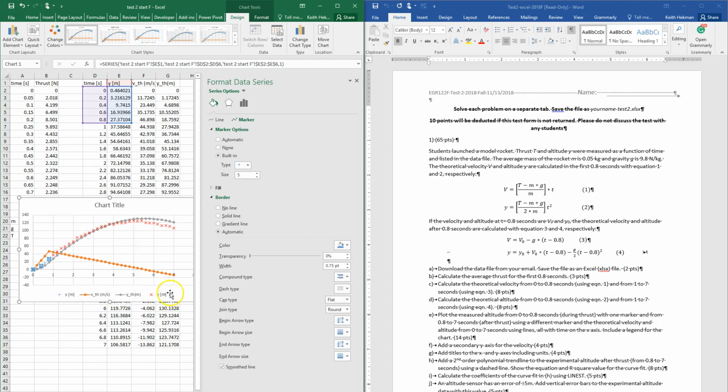So these are 2, and then this is no marker, and this is also no marker.